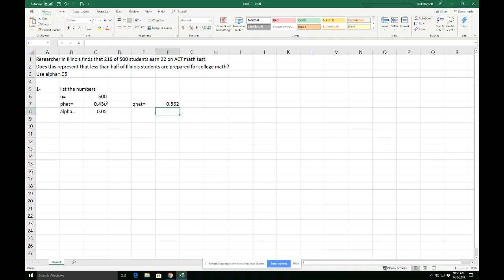The people who are prepared. What's Q hat? The people who are not prepared. P is not in the equation explicitly. P is kind of in the equation, but it's not explicit. Let's move on to step number 2.